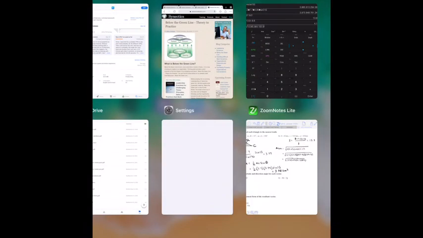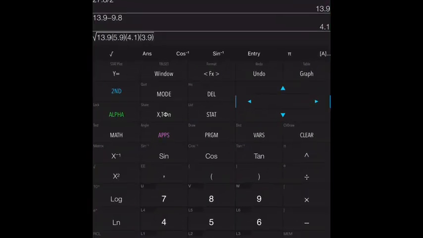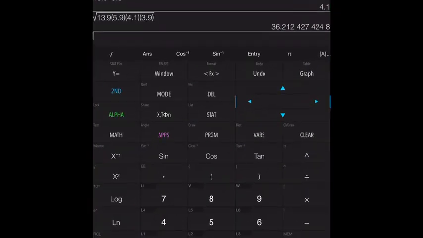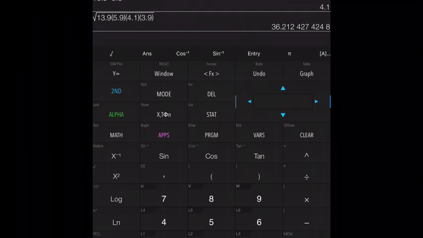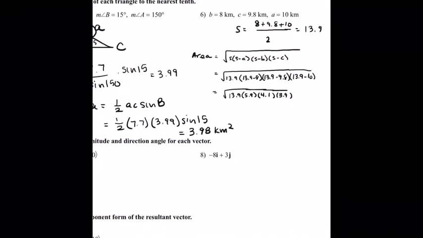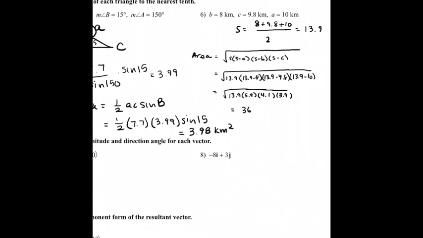I think it was 3.9, yeah. That's 36.21. What do we have, kilometers again? Kilometers squared.